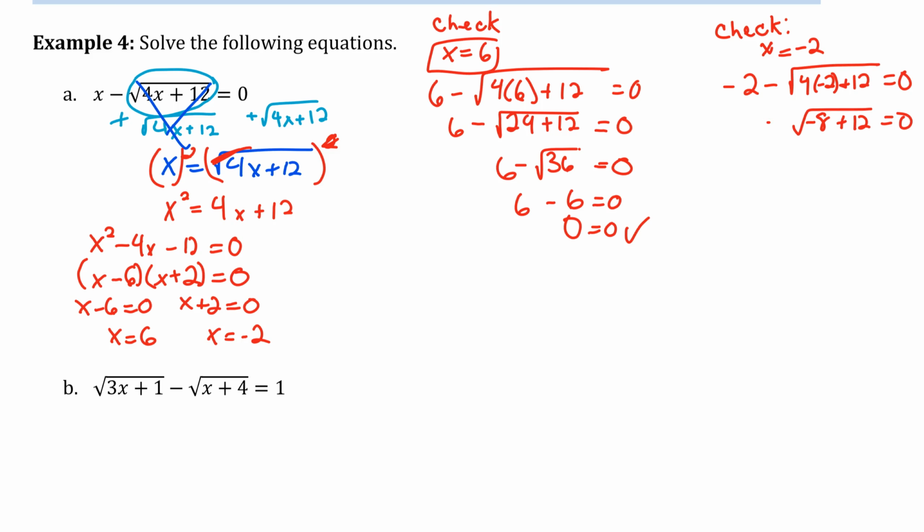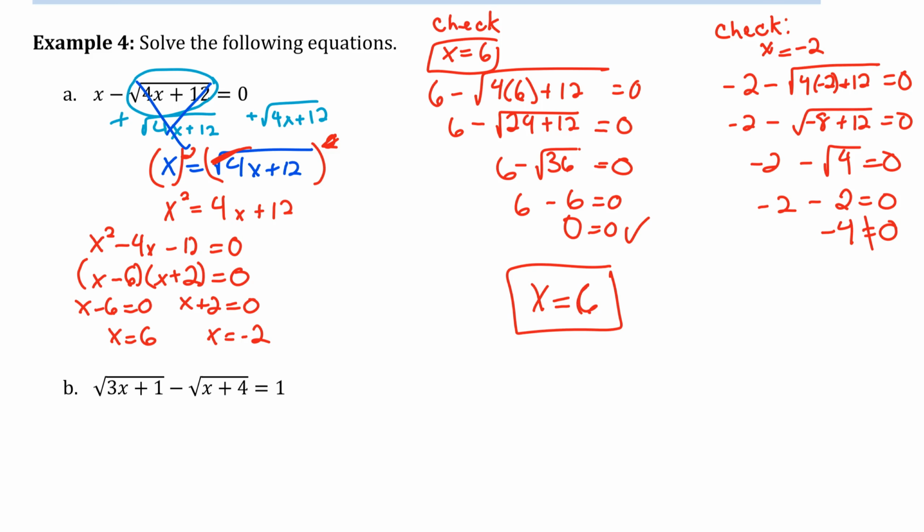We've got to take the square root of that. Negative 8 plus 12 gives me 4. So I've got negative 2 minus the square root of 4. The square root of 4 is 2. Negative 2 minus 2 is actually negative 4, which does not equal 0. So x equals 6 is my only solution for this particular radical equation.